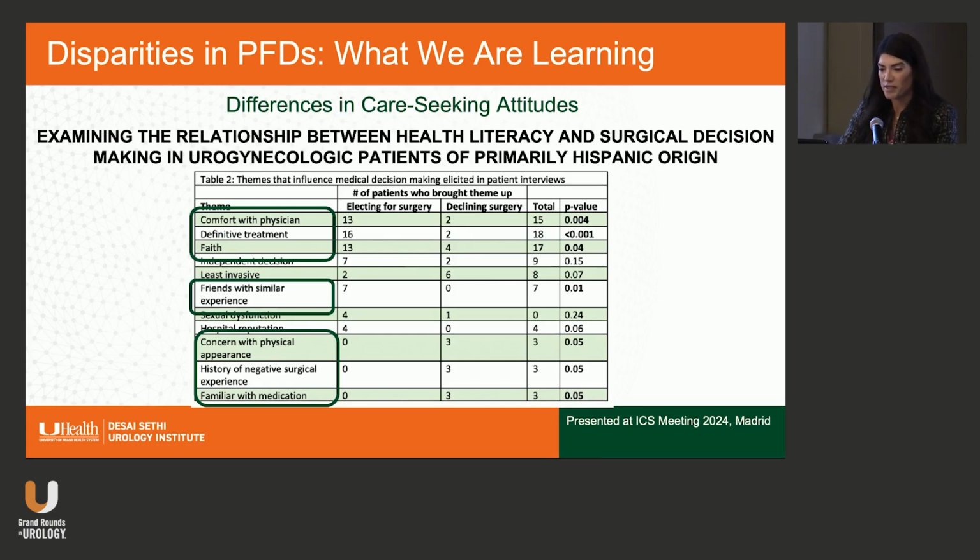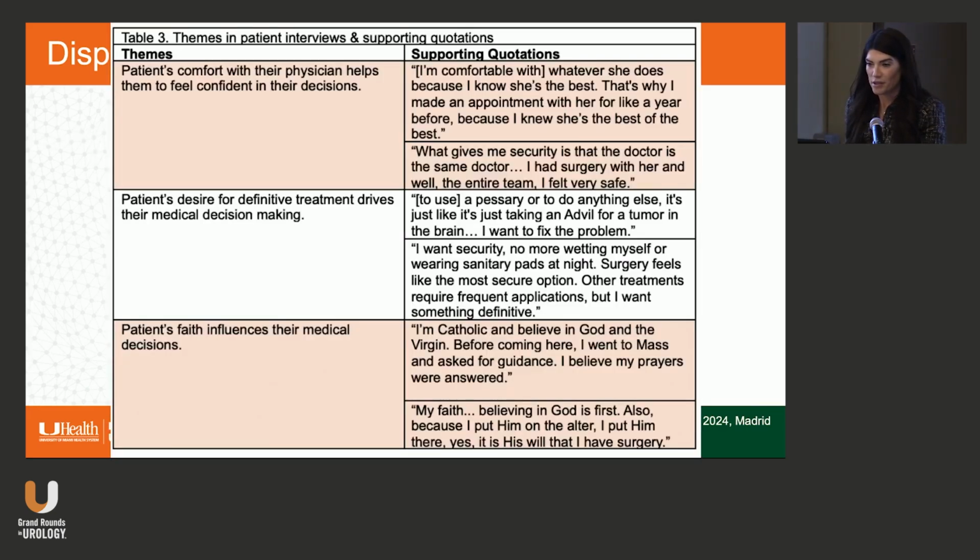They reported friends with similar experience, and patients that declined surgery reported concern with physical appearance, history of negative surgical experience in the past, and they were more familiar with medication options. These are some quotes from our patient population, and the desire to receive definitive treatment drives their medical decision making.